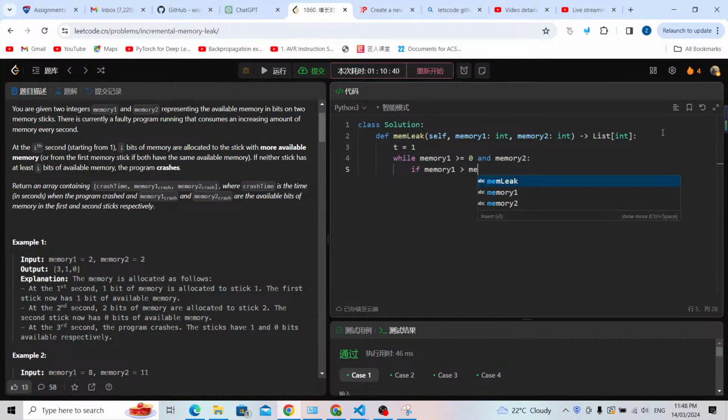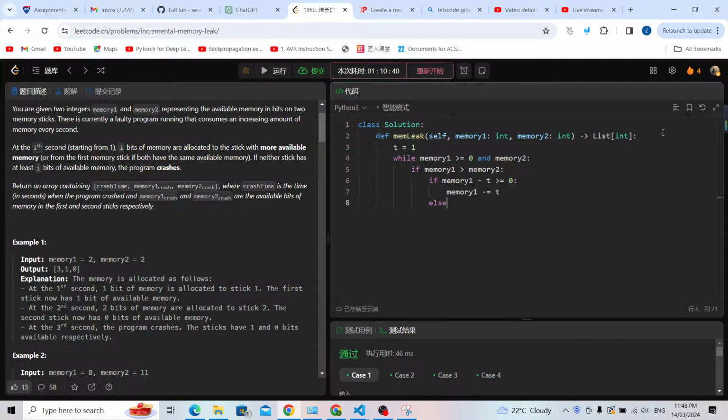So if memory 1 is bigger than memory 2, we're gonna execute the memory 1 first. But before executing, we have to check if memory 1 minus t is more than or equal to 0. Yeah. Otherwise, we cannot subtract because the memory cannot be a negative value. Then memory 1 should minus t.